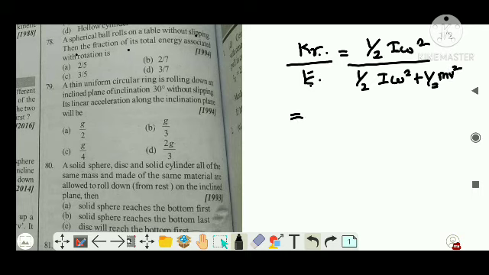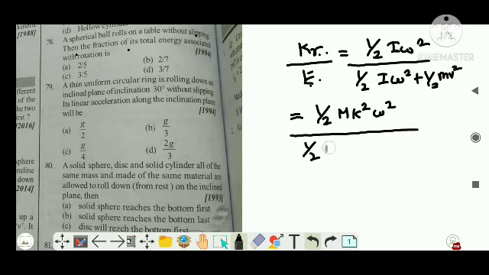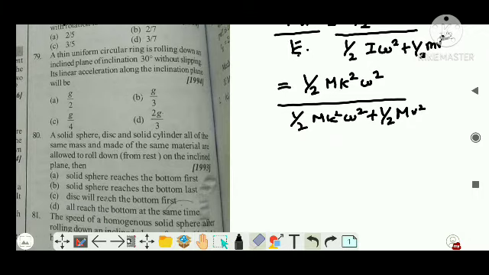In place of I, I can write m k squared, since for any object the radius of gyration can be used. So m k squared omega squared divided by half m k squared omega squared plus half m v squared. Now in the entire expression there is m, so I will remove m, and every term has a half, so I will remove the half too.